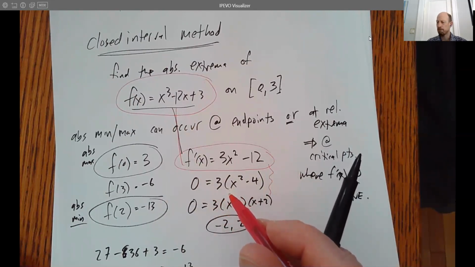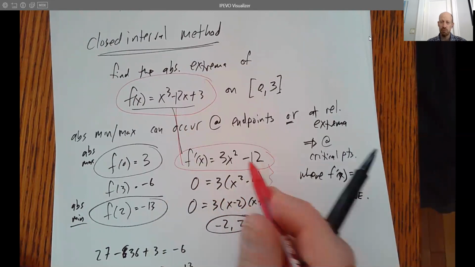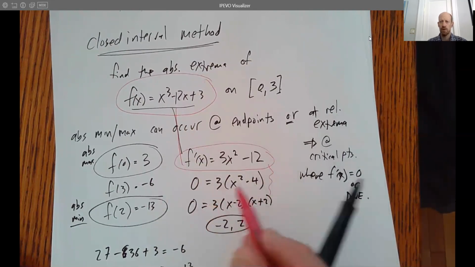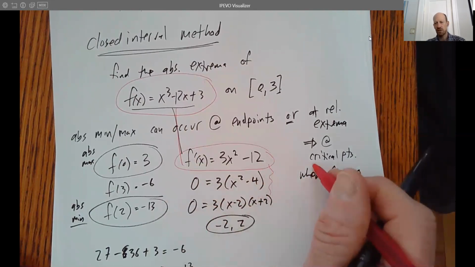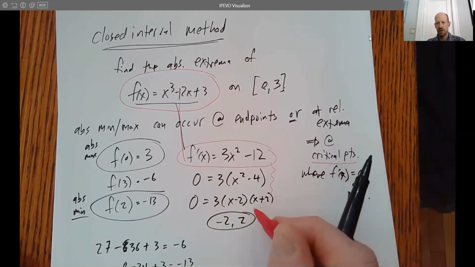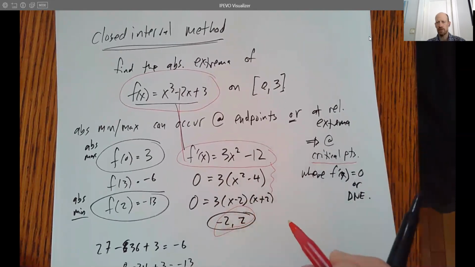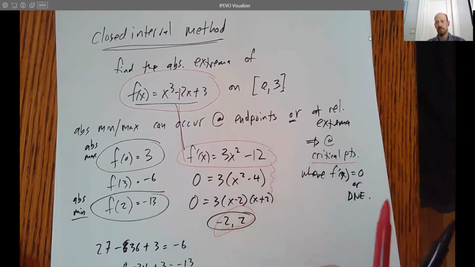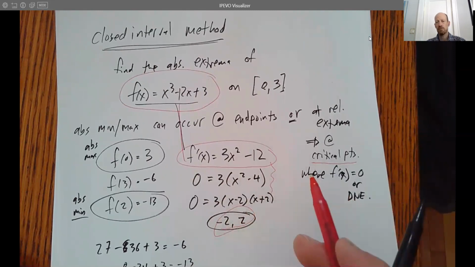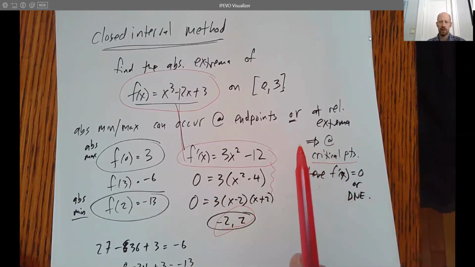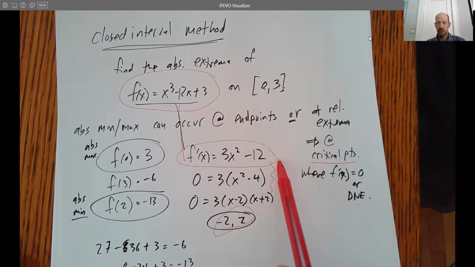So look for that, but the process is the same for all of these. If the question just asks you for the critical points, then you would just have to figure out where it's 0 or undefined.